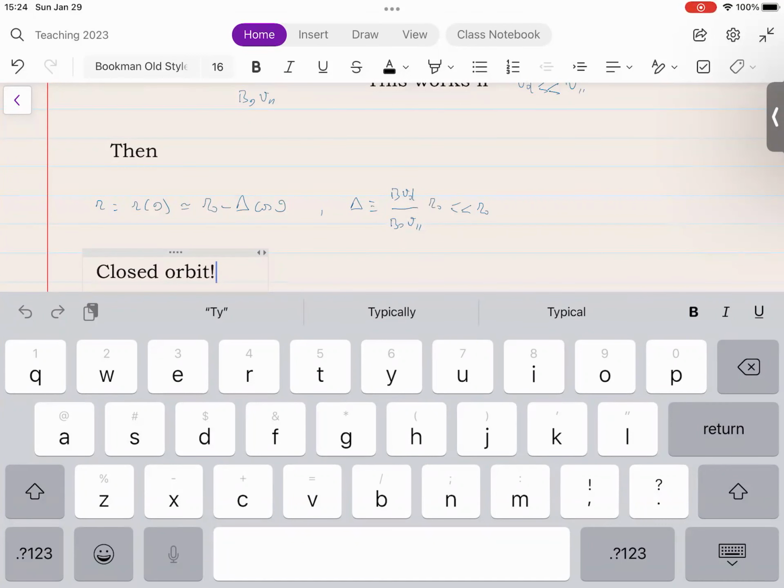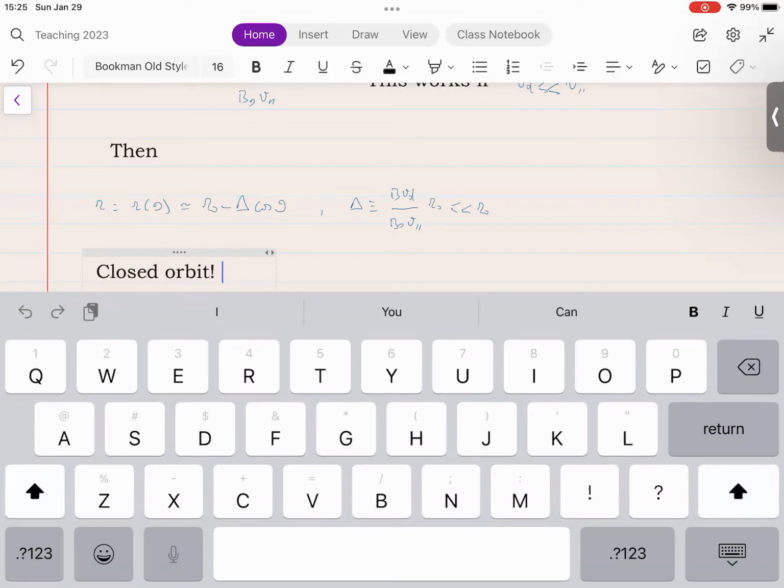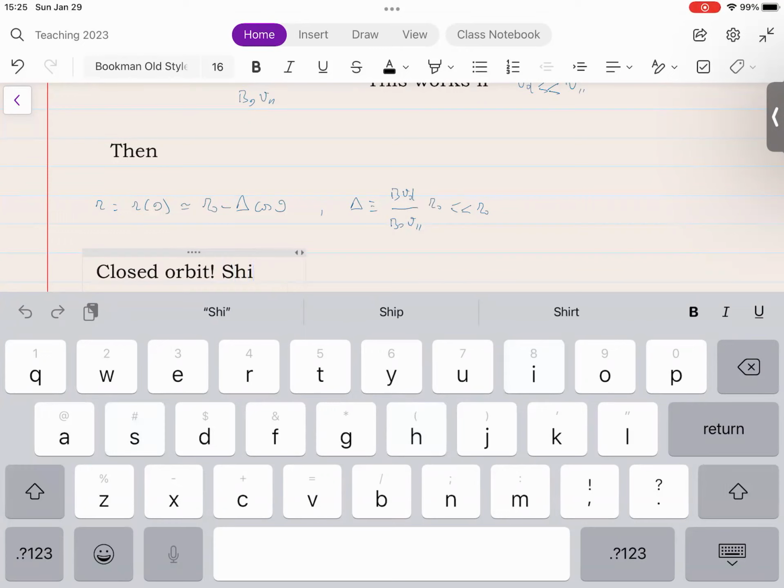In fact, to all practical purposes, I can just look at this orbit and consider it as a circular orbit just shifted by an amount of delta. The center of the orbit is just shifted from the original center of the circle where the particle would be if there wasn't any drift.